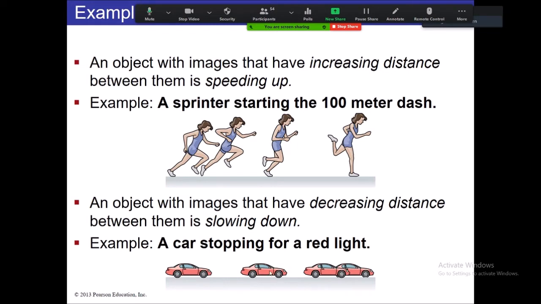The bottom here, we see a car that's slowing down, same deal. As the car moves to the right, the images get closer together, indicating that it's slowing down. And I mean, technically, there's like 4 examples you can have, but obviously, one of them is sort of trivial. So these are the different ways we can explain this kind of motion.